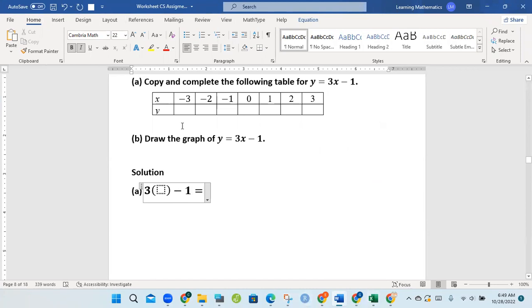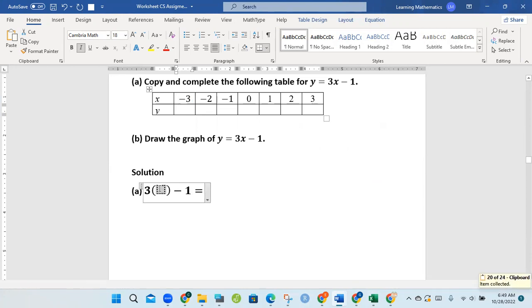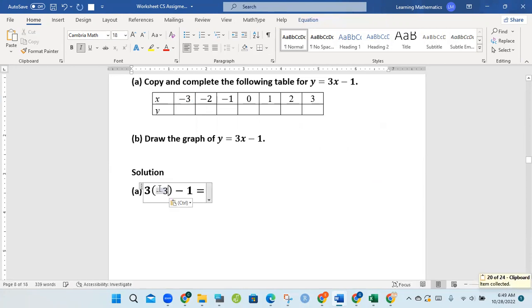So starting with -3, we're going to substitute -3 into the place of x here. So we have 3 times -3 minus 1. 3 times -3 is -9. And -9 minus 1, that will give us a -10.